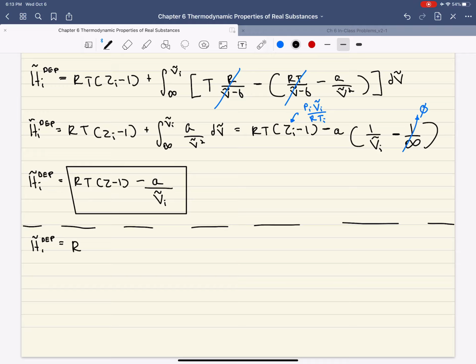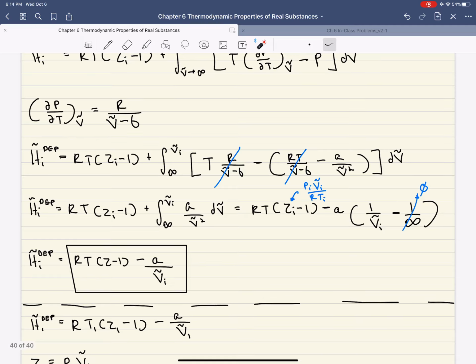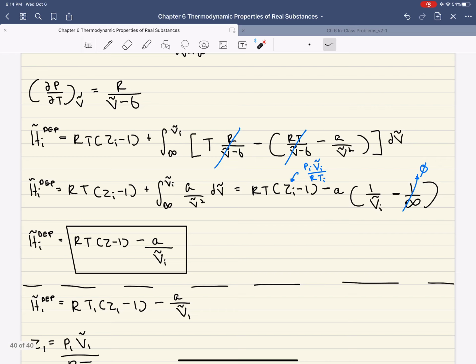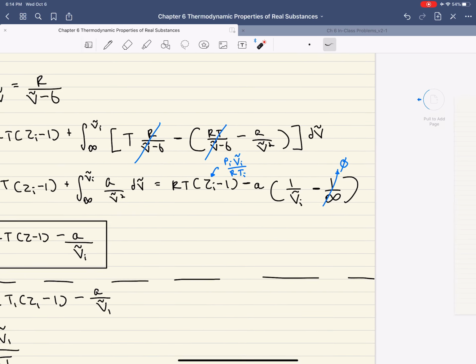If I write out the departure function for stream 1, and I write out the compressibility factor for stream 1, we see in order to calculate these things, we need volume. But we weren't given volume, right? What we're given are pressures and temperatures.